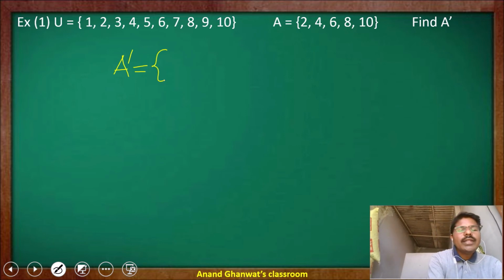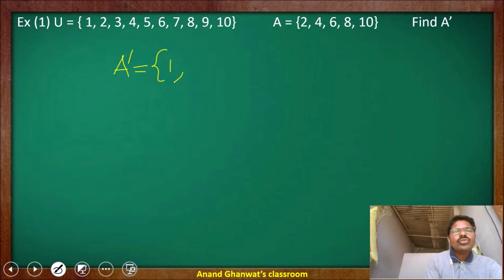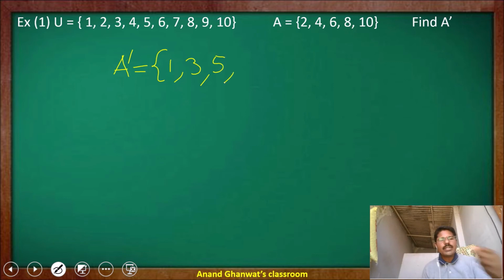So 1 is present in the universal set and not present in set A, so it is a component of A dash. 2 is present in the universal set and that is present in set A also. 3 is present in the universal set but not present in set A, so that is a component of the complement of A. 4 is present in the universal set and that is also present in A. 5 is present in the universal set that is not present in set A, therefore 5 is an element of the complement of set A.